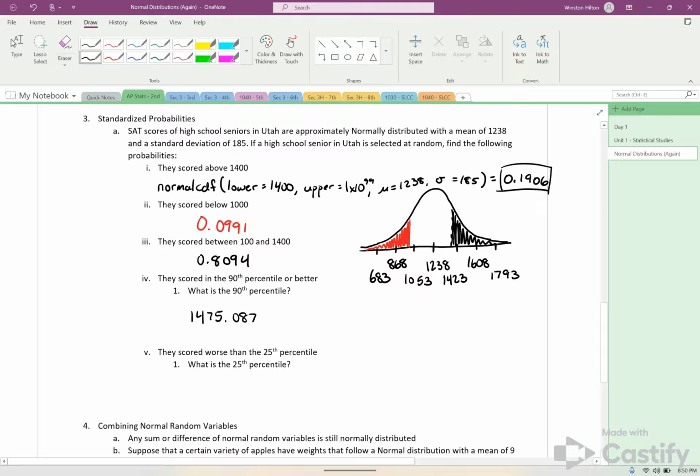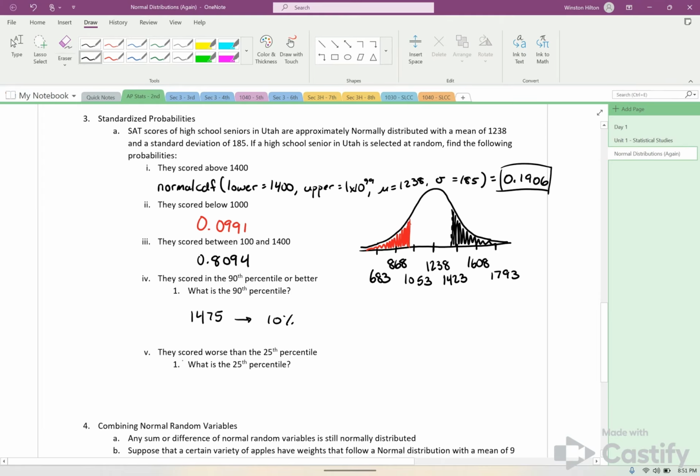Now, SAT scores don't have decimals, so we can round this to the nearest whole number, which is 1,475. So that is the 90th percentile. The chance that they did better than that by definition would be 10%, right? 10% of people did better than 1,475.